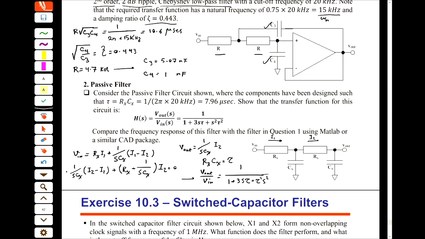So from equation 2, find I1 based on I2, replace it into the first one, find V in based on I2, V out based on I2, and then we can find V in based on V out.